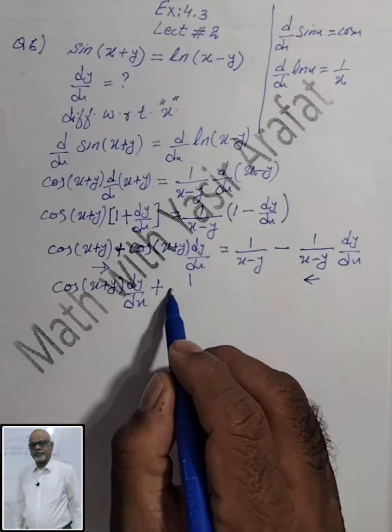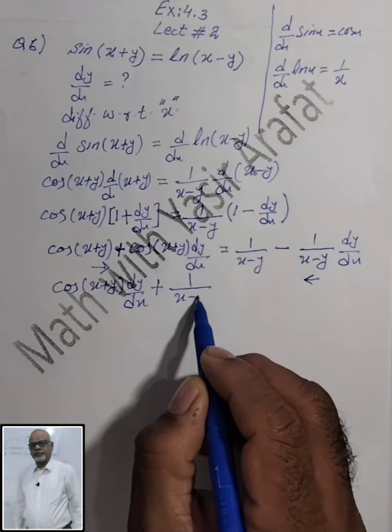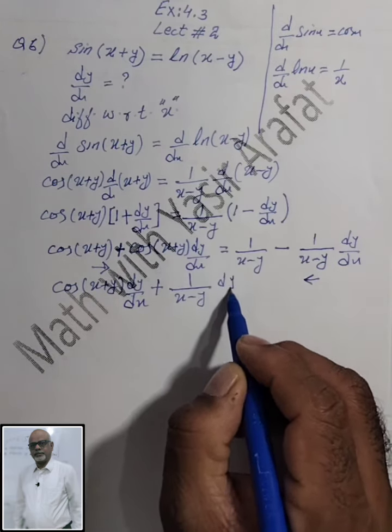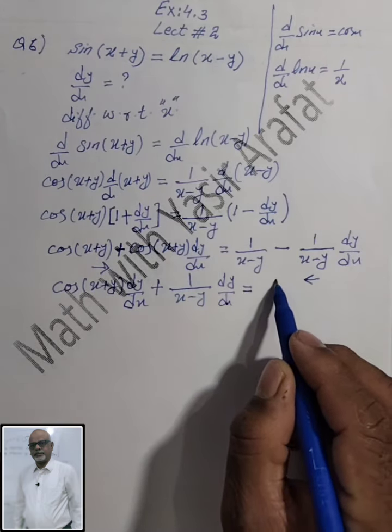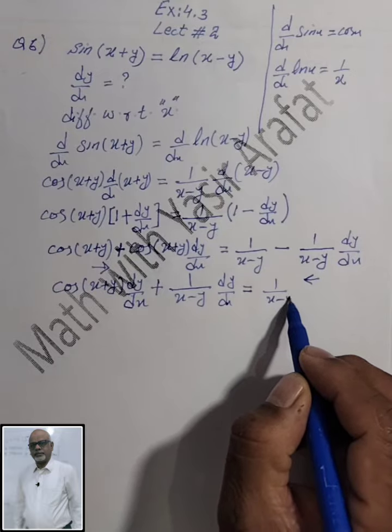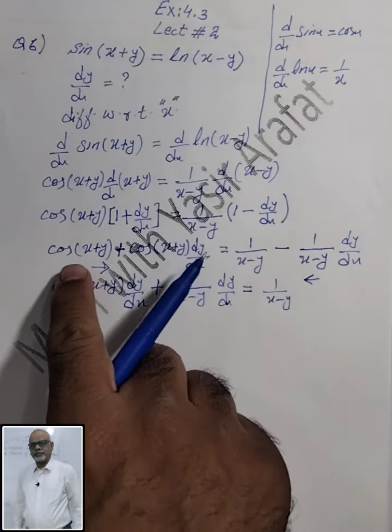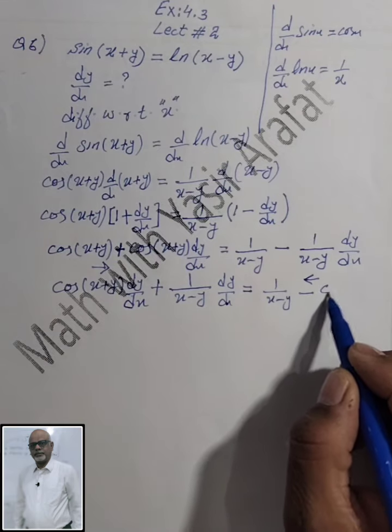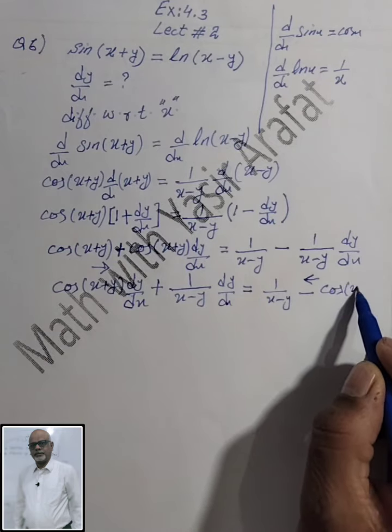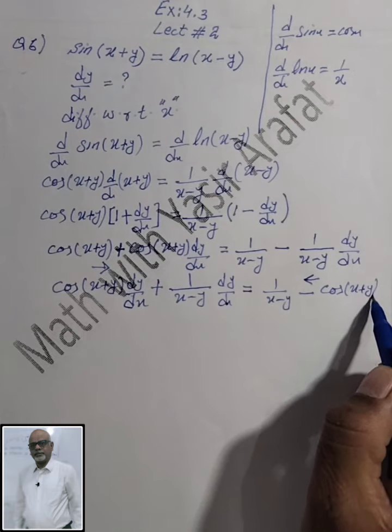So this is dy over dx over (x minus y). It equals 1 over (x minus y) remains the same, and this plus we shift to the right hand side, so it will be minus cos(x plus y).